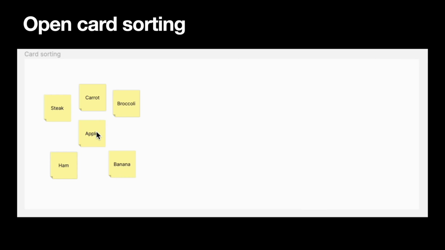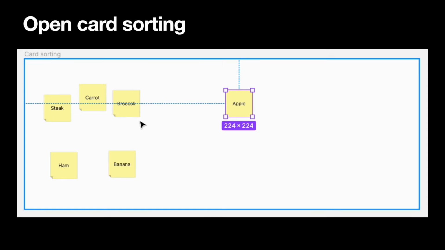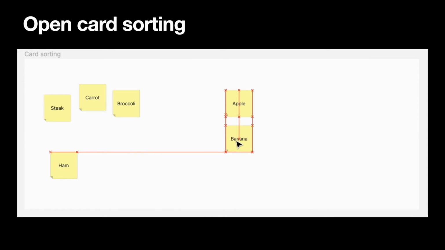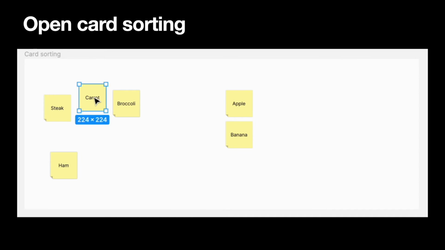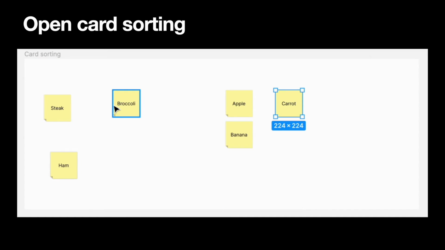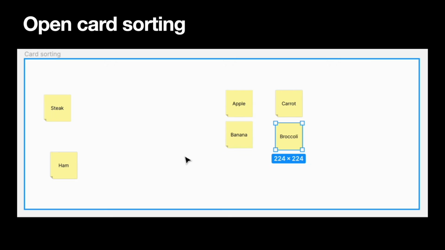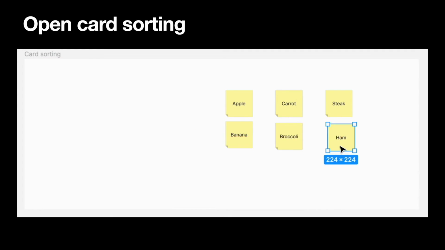Card sorting can be open or closed. In open card sorting, test participants group items into categories and then label the categories. Here is what an open card sorting for different food categories will look like. First, we categorize the topics, then we add labels to the categories. Participants don't have any restrictions for naming.